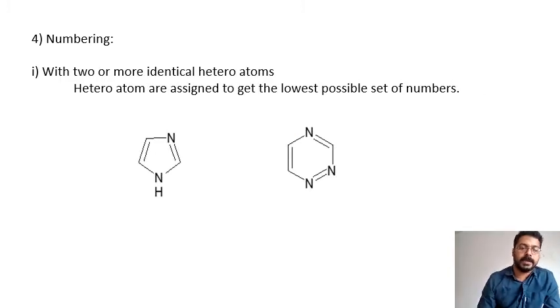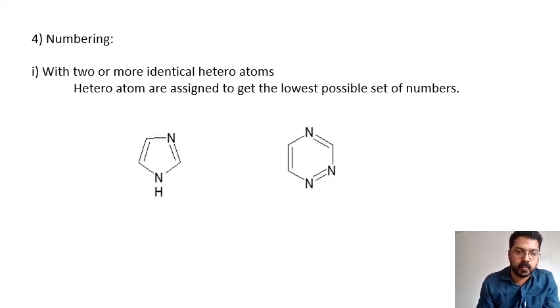Again, in the case of numbering, if two or more identical heteroatoms are present, the heteroatoms are assigned the lowest possible set of numbers. For example, in this case I can write it two ways.